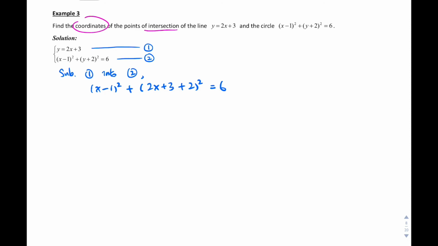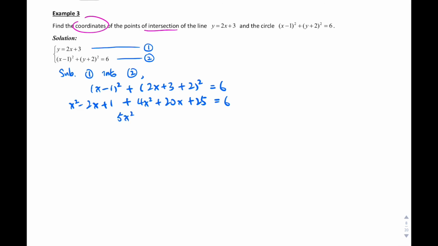And try to simplify it. And this is 2x plus 5 whole square. So you will have 4x squared plus 20x plus 25 equals 6. Move all the terms to the left-hand side and make one side equal 0.